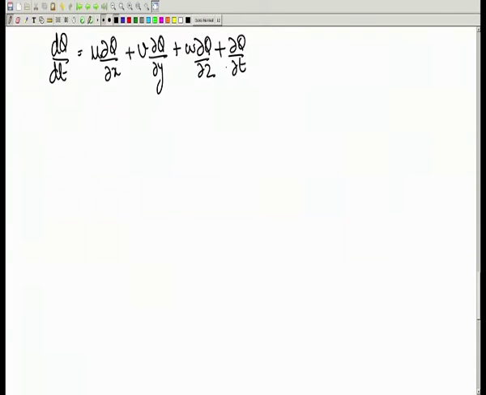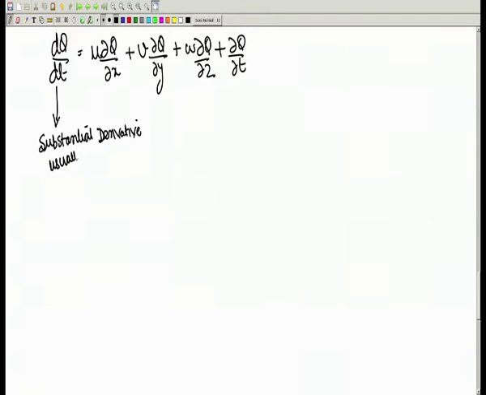All right. So this dq dt is called substantial derivative.